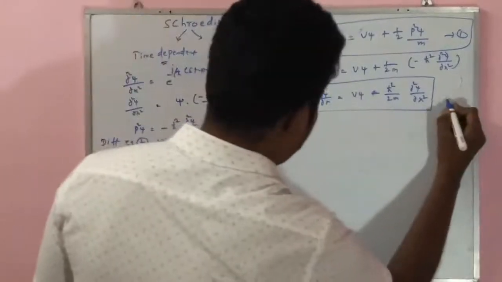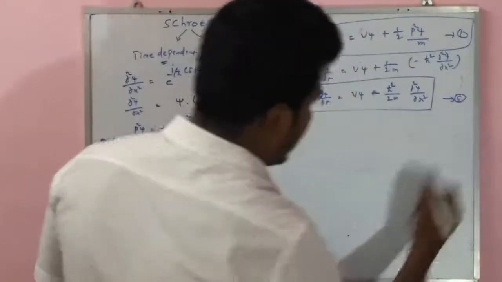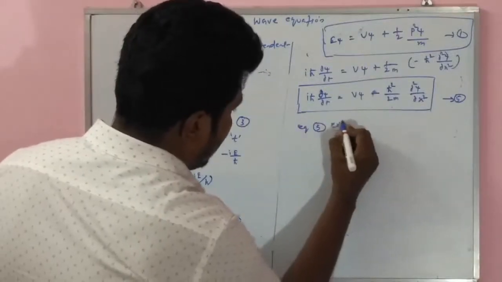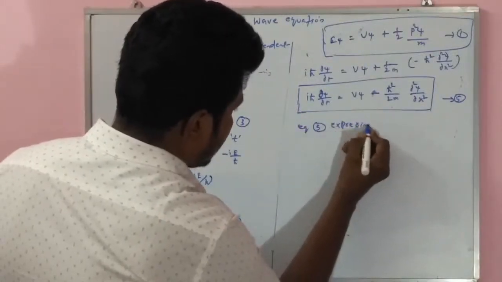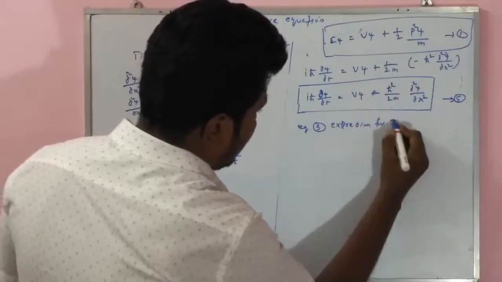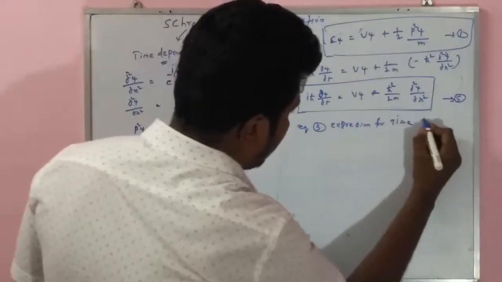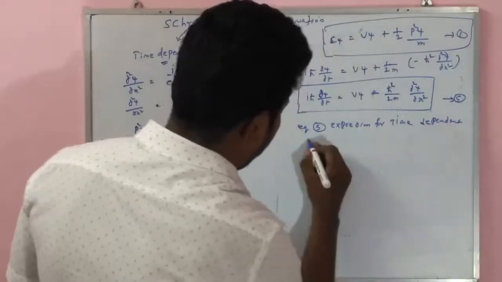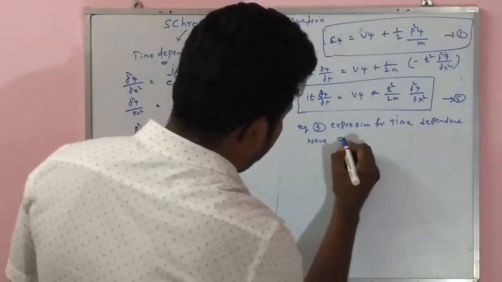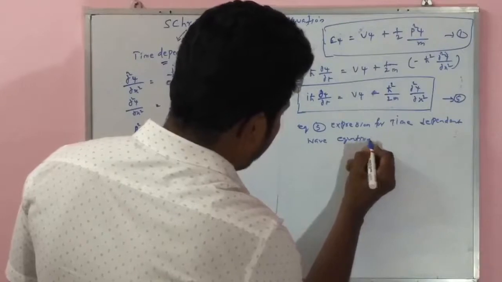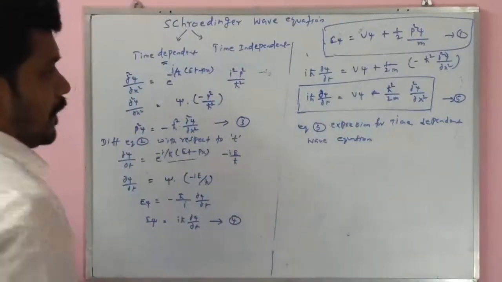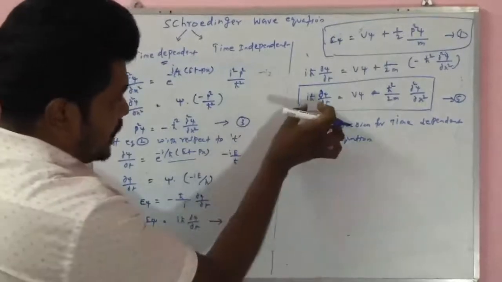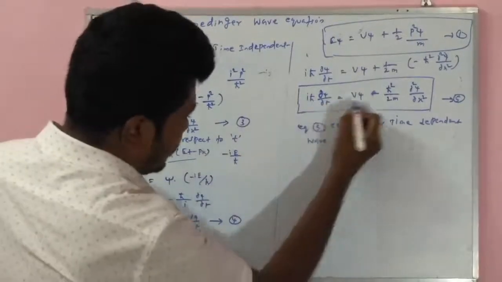Like this equation number 5, the expression for the time dependent wave equation. Now this equation is for one dimension.